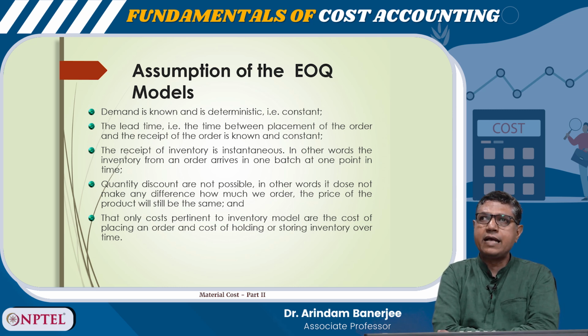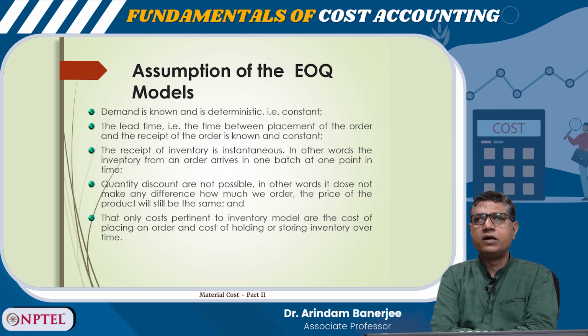So, there are certain assumptions under EOQ models. What are the assumptions? First assumption is demand is known and is deterministic, that is constant. The lead time, that is the time between placement of the order and the receipt of the order, is known and constant. The receipt of inventory is instantaneous, in other words, the inventory from an order arrives in one batch at one point in time.